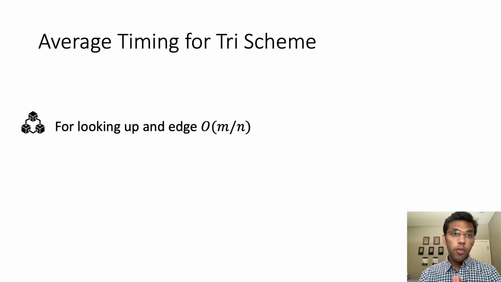This works very well in practice. The timings are amazing. A lookup on an edge takes on average order of m by n time. There are theoretical results that we have proved in the paper, so please take a look at the paper for more understanding.